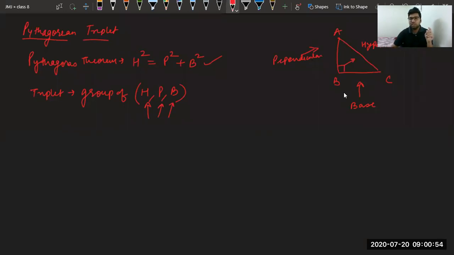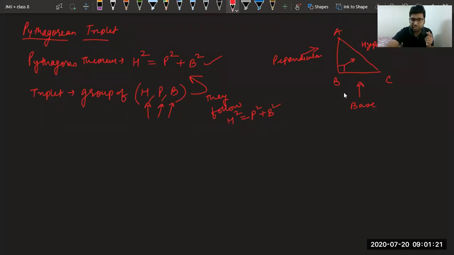Okay, because they follow the formula h square equal to p square plus b square. So any three numbers which follow Pythagoras theorem, they are known as Pythagorean triplets. Those three are child of Pythagoras. Like that you can understand.